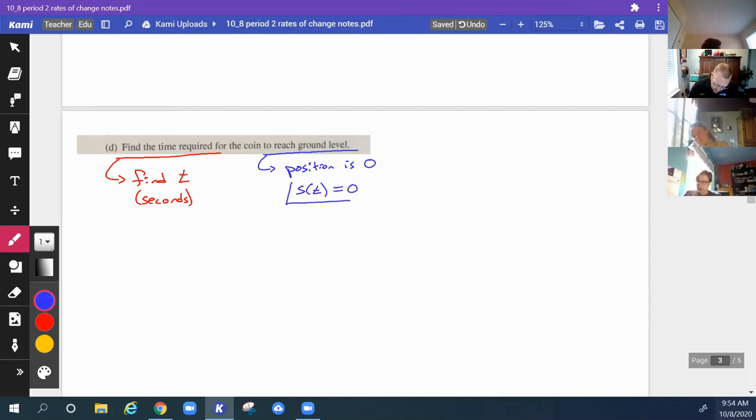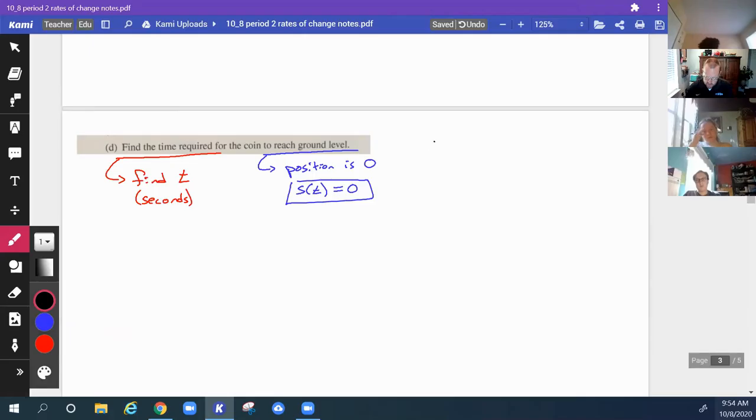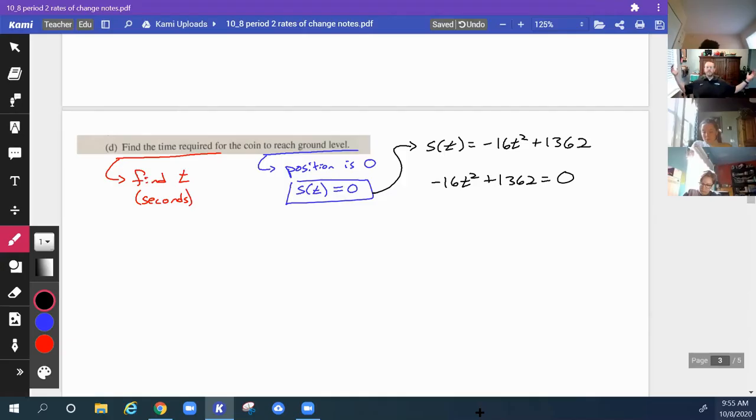So going through what we did earlier, S of t was negative 16t squared plus 1362. I just do negative 16t squared plus 1362 equals 0, and then I solve it out.